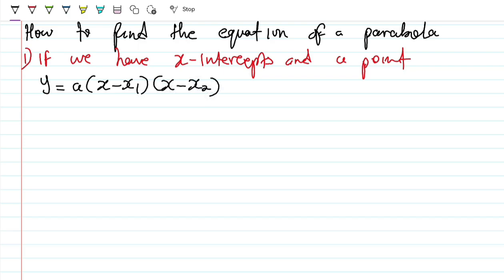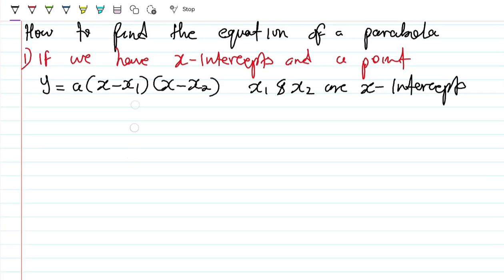This is the formula that we use to find the equation of a parabola when we are given x-intercepts with another point on the graph. x1 and x2 are both x-intercepts.